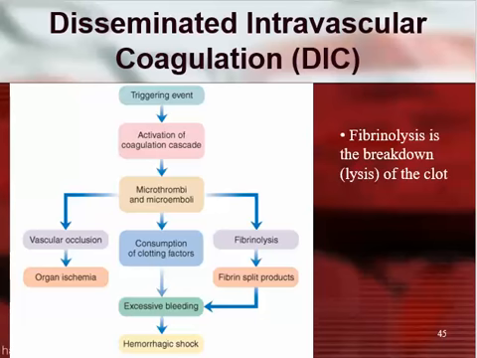It uses up the platelets because they are all trapped in the fibrin meshes that make these thrombi. And so therefore, we can't have appropriate clotting, and so we can end up with excessive bleeding.